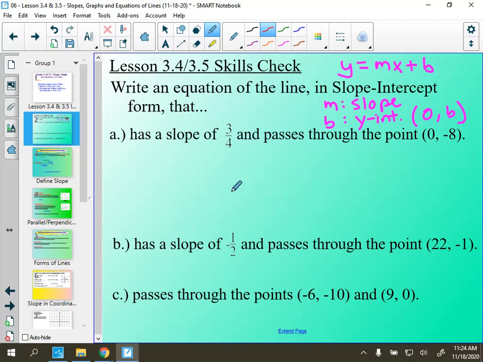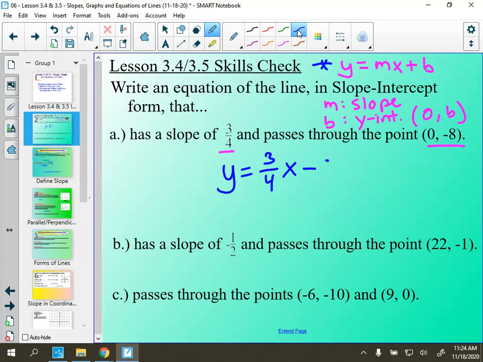So for part A, there's really no work beyond identifying that I have a slope and a y-intercept. I can jump right to this y equals mx plus b form and fill in everything I know. So y equals m, which we're now replacing with 3/4, because that's the slope our line has to have, 3/4 x plus b.